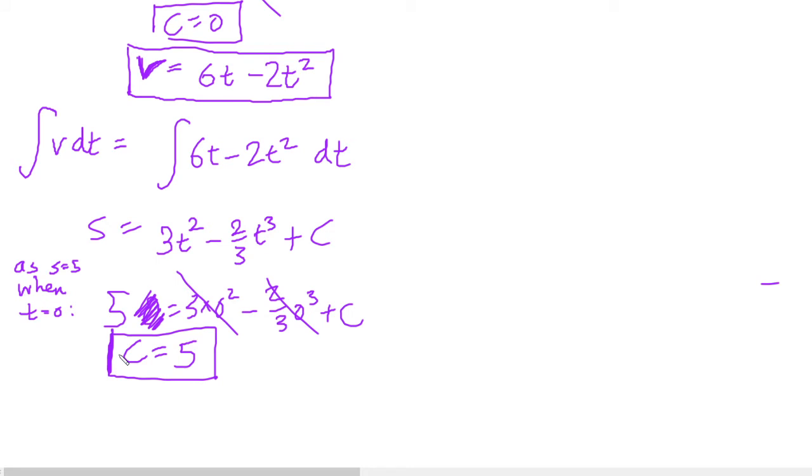So while you may want to write it out like this in an exam, you don't necessarily have to, as you could just write initial s is equal to the constant of integration, where the constant of integration is what you mean when you want to talk about this plus c at the end of an indefinite integral.